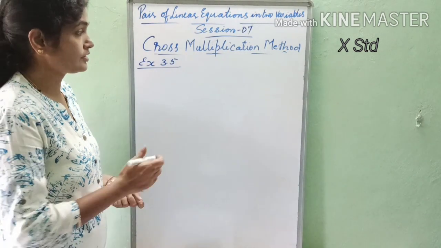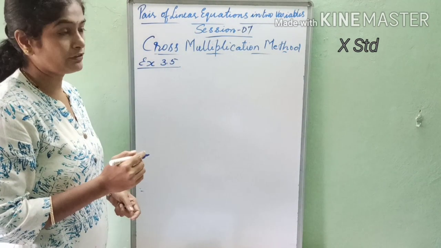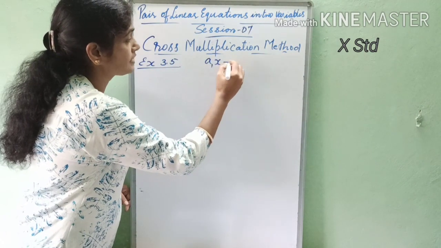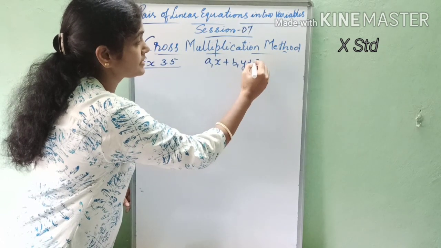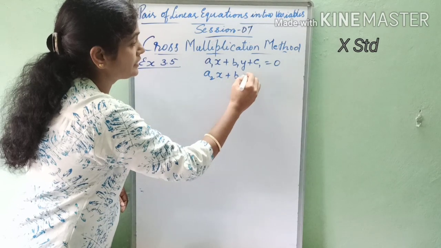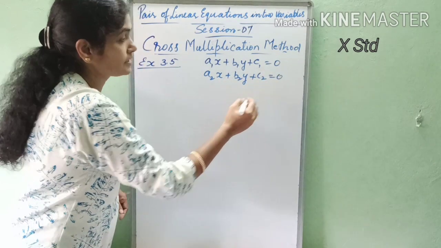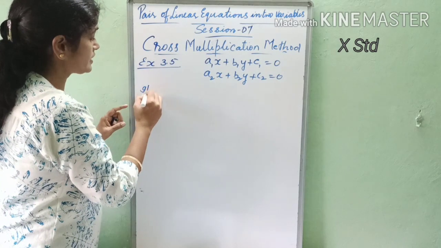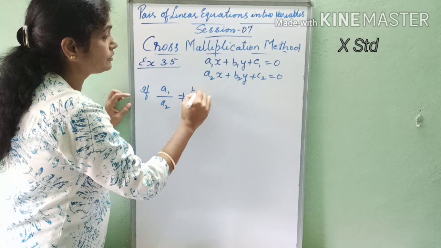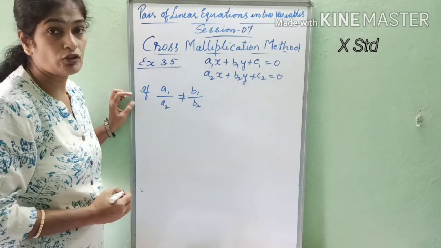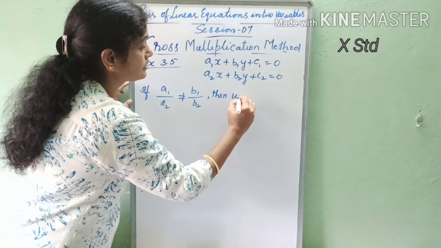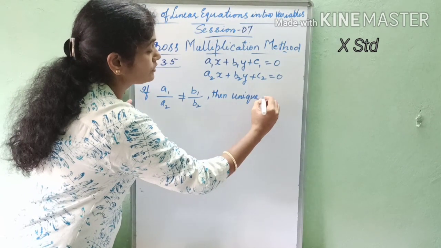So before going into this exercise, we'll just recollect the conditions for having a unique solution, no solution, and infinitely many solutions. The standard form of the pair of linear equations is a1x plus b1y plus c1 equal to 0, and a2x plus b2y plus c2 equal to 0. If a1 by a2 is not equal to b1 by b2, then we have a unique solution.